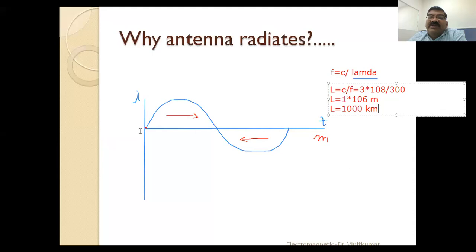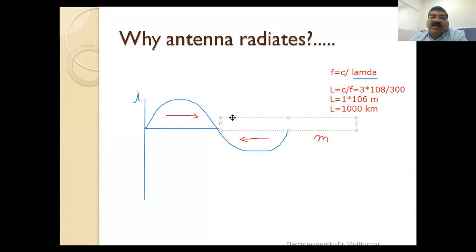So what is happening actually? Here it is going 500 kilometer forward and 500 kilometer in reverse. This is 1000 kilometer here; at this point it is 1000, and here it is 500 kilometer.